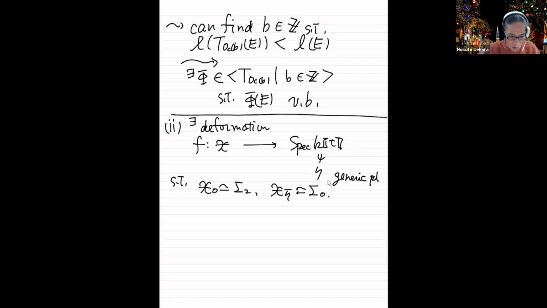So our weak derived surface sigma 2 deforms to derived surface sigma 0.